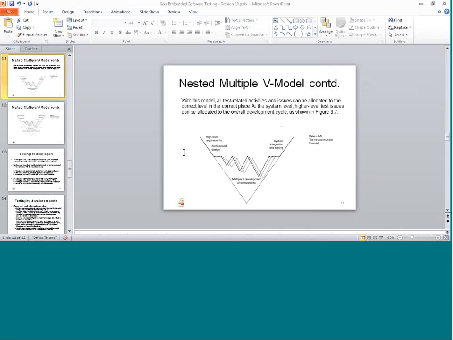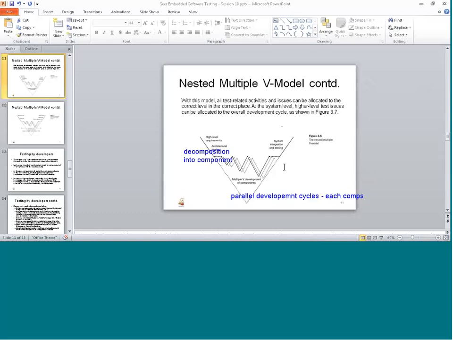So on the left-hand side of the multiple or nested V model, what we have is decomposition into subsystems or components. In the middle we have the parallel development cycles of each of the components.